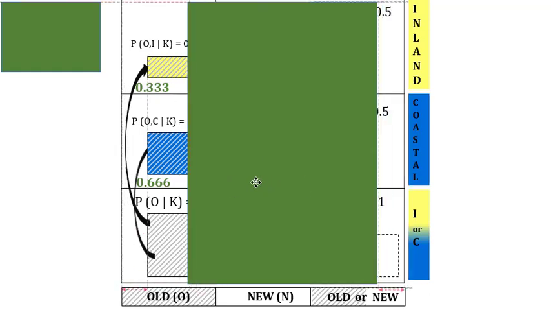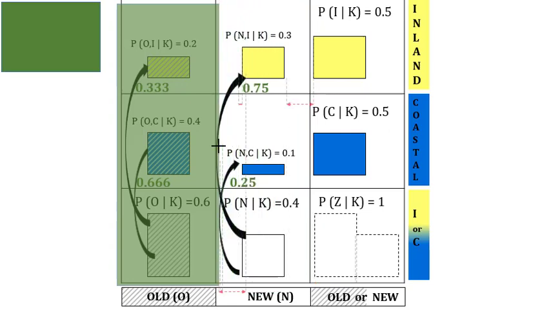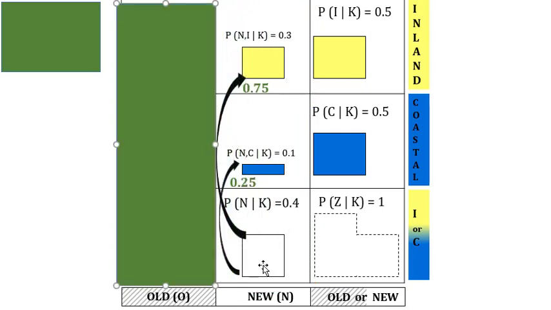Okay, so now we condition on new, therefore we ignore old. If we know that the drone landed in a new region, then there is a 25% chance it landed in a coastal region, and 75% chance that it landed in an inland region.